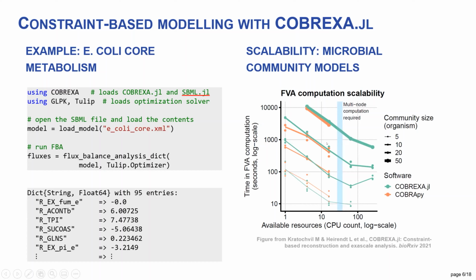You can see that for a relatively low number of CPUs, they perform roughly equally well. But if you want to do analysis on very big models, you might want to use a larger number of CPUs. And this is facilitated with COBREXA, and it actually scales reasonably efficiently until and beyond 100 CPUs.